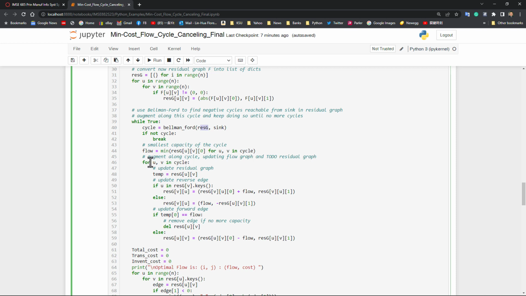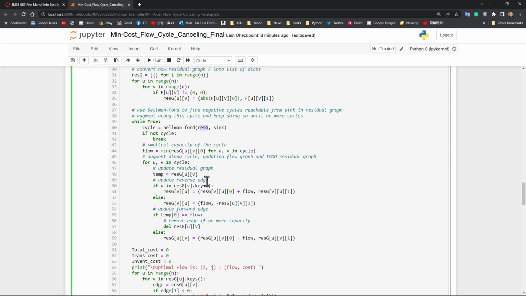Then for that cycle, for each node pair on the cycle, we update our flow on the network. The first part is to update the reversed edges. Mostly the negative cycle is created by the reverse edges to begin with, because the reverse flow has a negative cost.